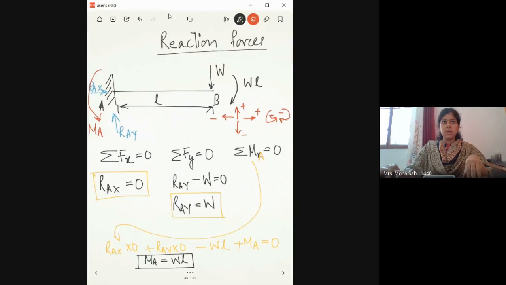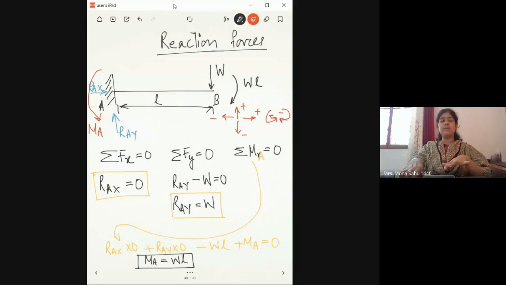So what I will do now is, see, we have to learn for a uniformly distributed load on a cantilever beam. And then we will go ahead for a simply supported beam with hinge support and roller support. Okay, and simply supported beam with point load and uniformly distributed load.